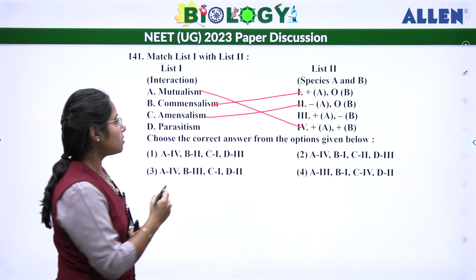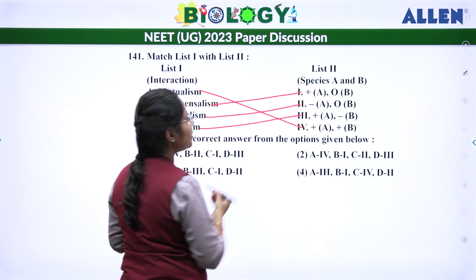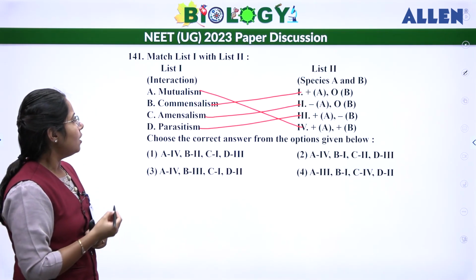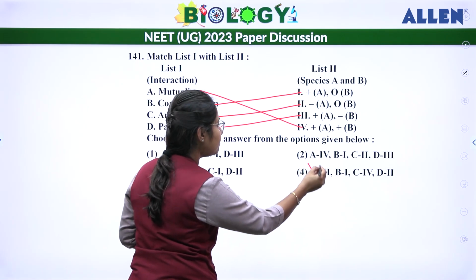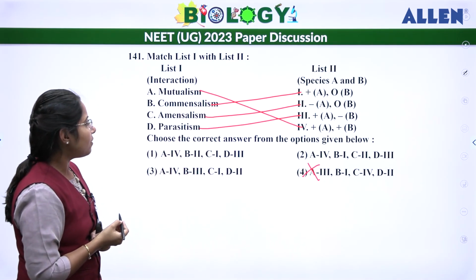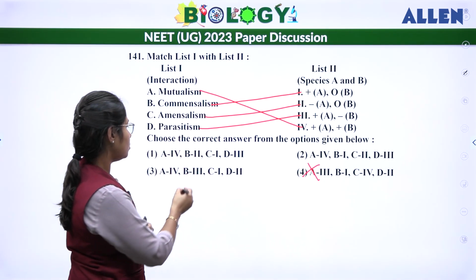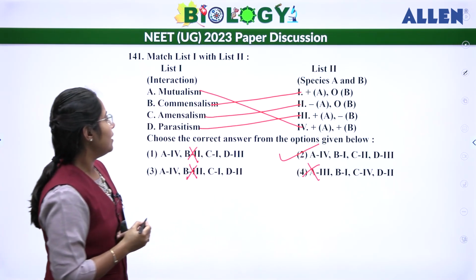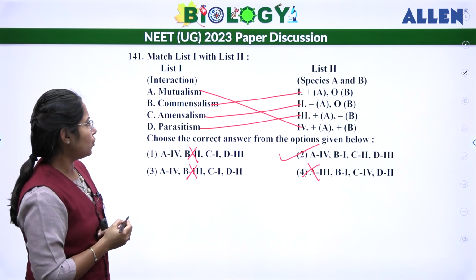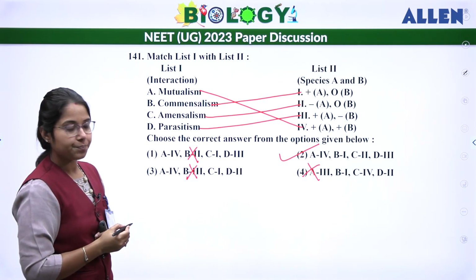And parasitism is where one is benefited, the other will be harmed. So A we can see 4, so this option gets negated. B we can see 1, so these 2 options get negated and the correct answer will be 1. C will be your 2 and the D will be your 3, right?